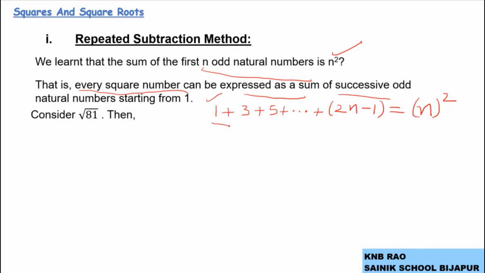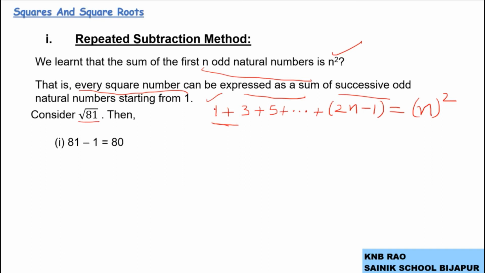Suppose you want to find the square root of 81, then from the given number we will start subtracting odd natural numbers from 1 onwards.